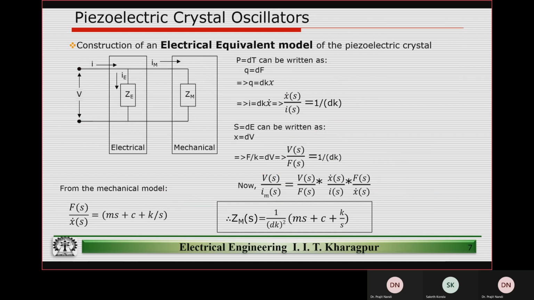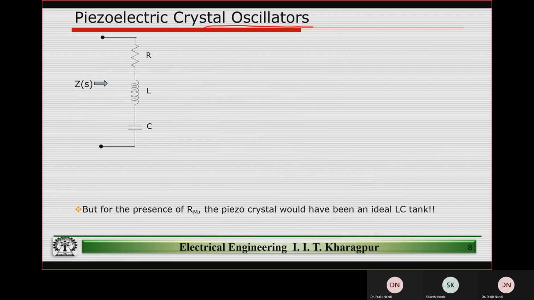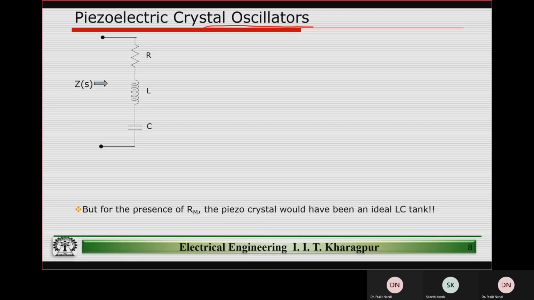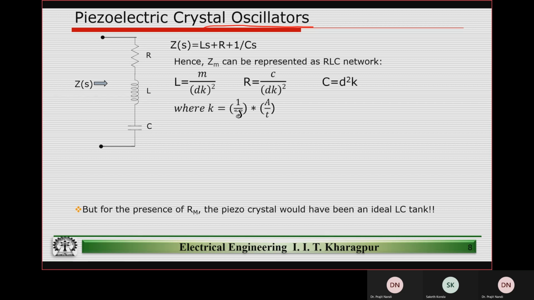And we can proceed to represent this in terms of an inductor, resistor, and a capacitor, right? So if this is the mechanical equivalent of the resistor, the inductor, and the capacitor C, then going by what we wrote in the previous slide, we can find an equivalent of the inductor, resistor, and capacitor.